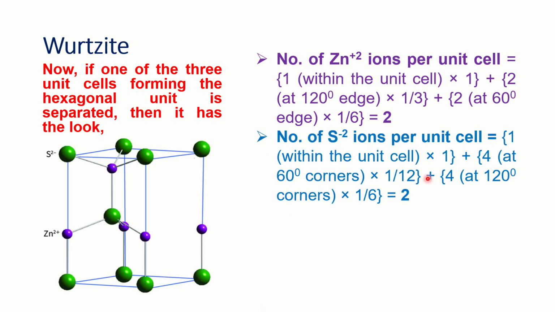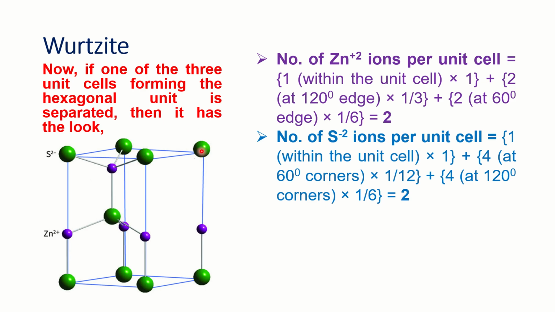One is within the body. You can see here 9 sulfide ions, and out of this 9, one is completely within the body. So one from the unit cell. Now these are the apices or vertices. Out of these vertices, total 8 vertices are here. 1, 2, 3, and 4. These 4 ions are actually in the 120-degree vertex.